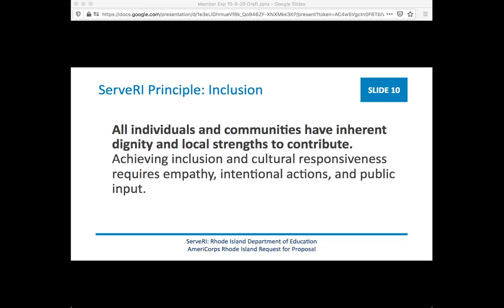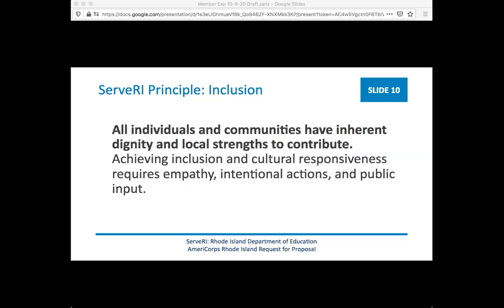I'm going to have a couple of sidebars here where I bring in some of the key principles that are in the ServeRI state plan. In typical nonprofit parlance, you might think of that as the strategic plan for ServeRI, and it includes guiding principles. One of those is inclusion. This applies not only to the communities we serve, but also to the members, the individuals who make up our teams.